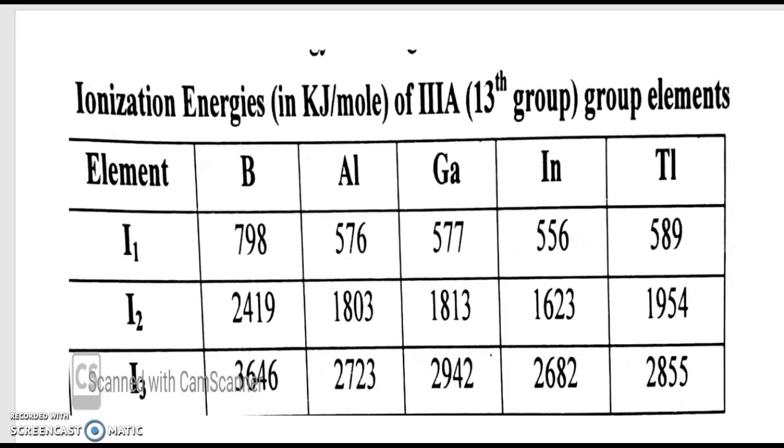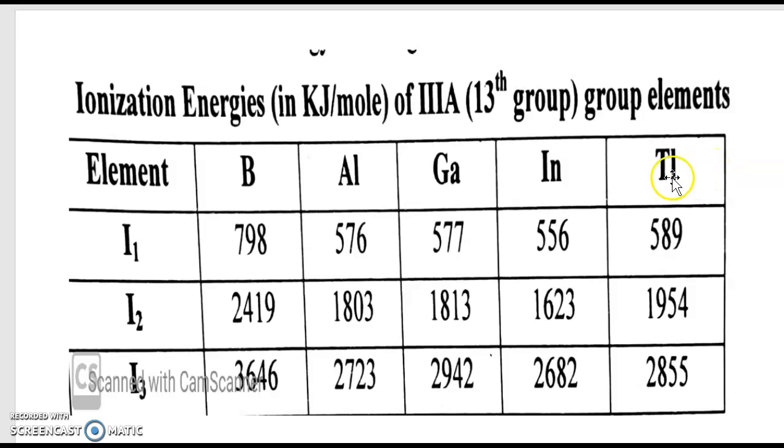Now the next property is ionization energy. We know the ionization energy decreases as we move from top to bottom, that is from boron to thallium.